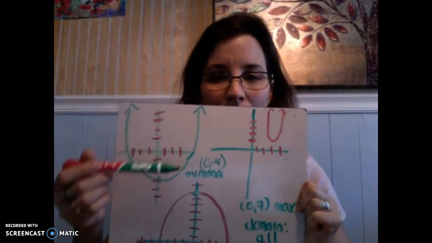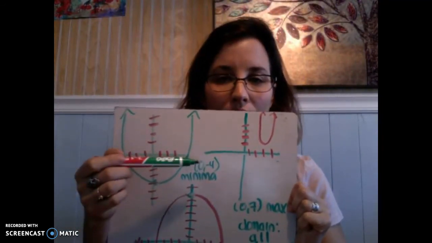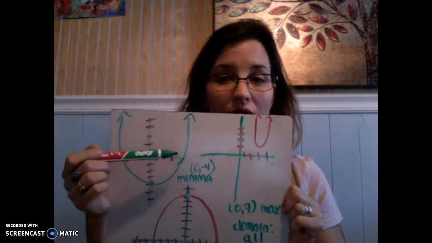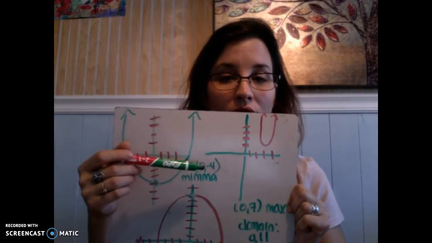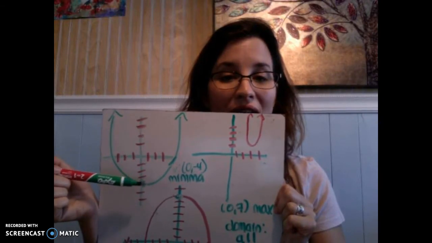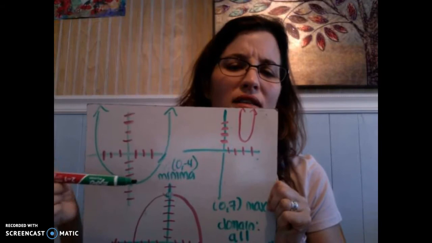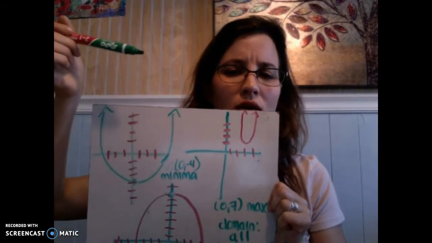So if there's a minimum, in this case, my domain would be all real numbers going forever left and right. My range then could be y is greater than or equal to -4. How come this one's greater than? Because this one's going forever up at the -4, right?